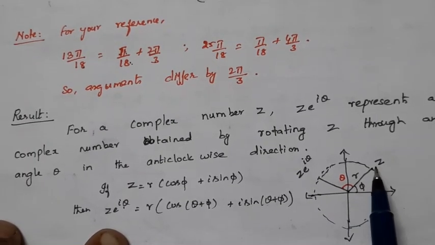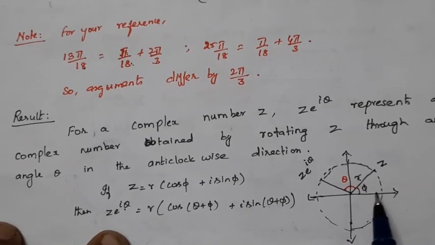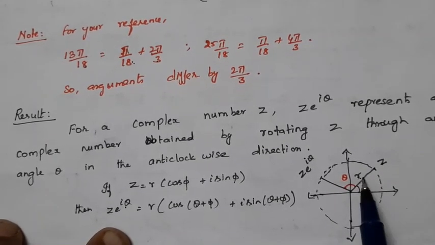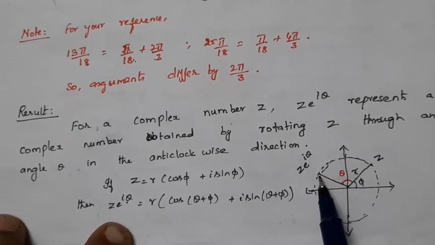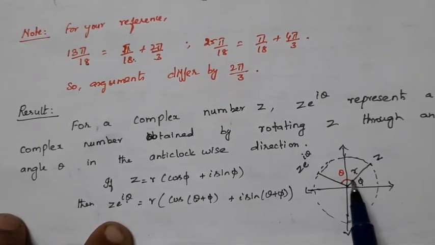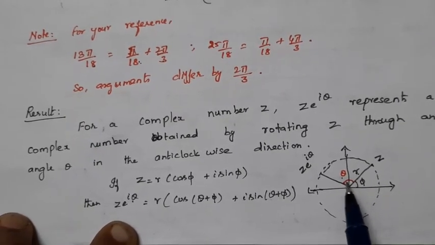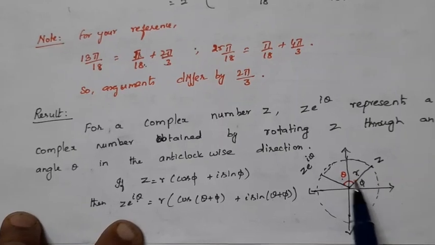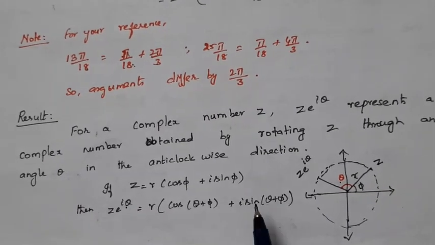So if z has modulus r, then z lies on the circle with radius r, and z into e power i theta will move to the position where the total angle is theta plus phi from the real axis. This is called the rotation rule.